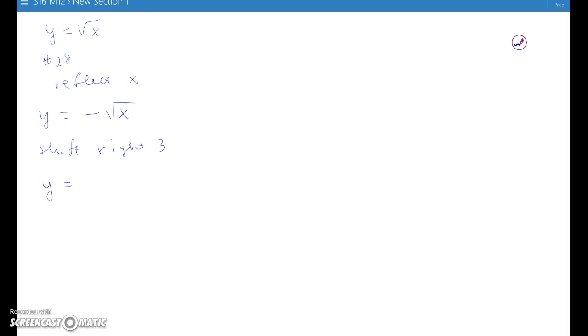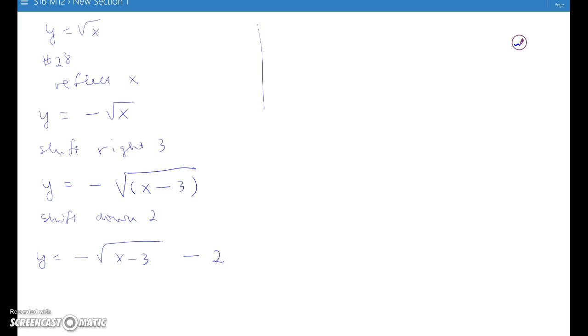So we know that the way to shift right is to go x minus 3 before we do the function of the square root. And then we want to shift down 2 units. So the last thing we're going to do is shift down 2 after the function happens.